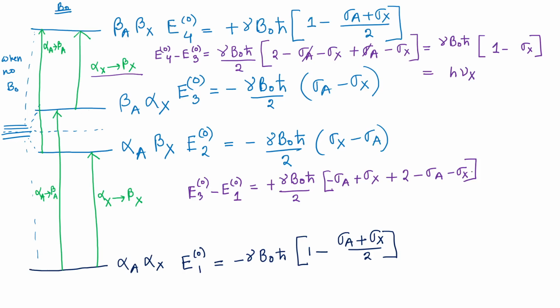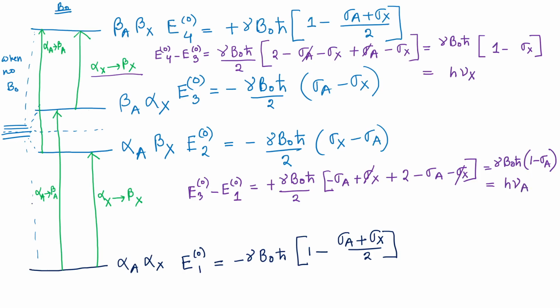So from here, you are going to get gamma B0 H cut by 2 sigma x, they will cut, 2 minus 2 sigma A, and that 2 will cut, you are going to get 1 minus sigma A, right? And that is actually your H nu A, right?